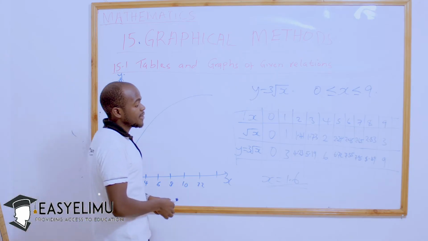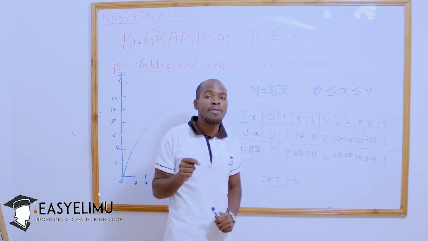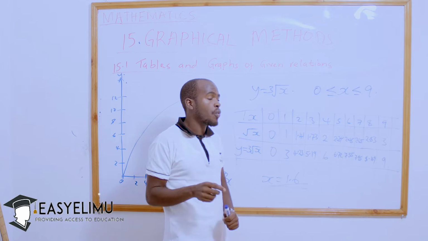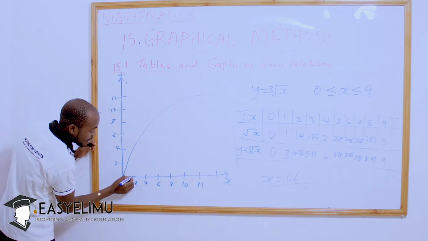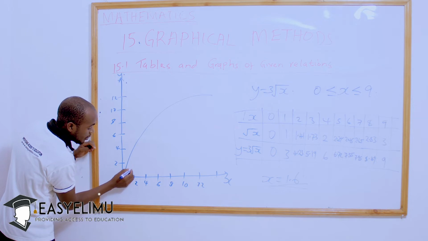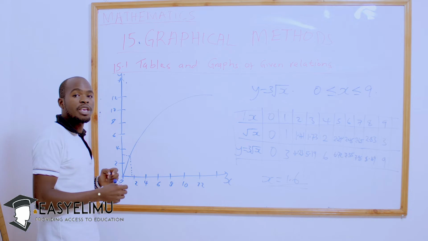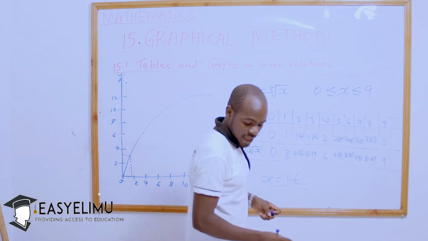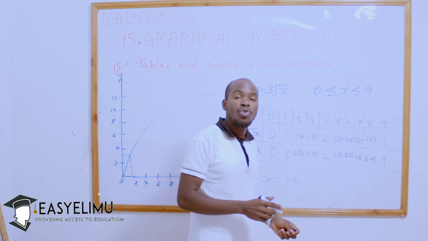Now, we have seen how we can obtain the value of x equals 1.6 and obtain the value of corresponding y. So from the graph, you will find that one is approximate to here. And if you move up, you will find from the graph which I have drawn, it will give you 3.8. And that is what we have seen from that graph. So that is how we do work some of them.